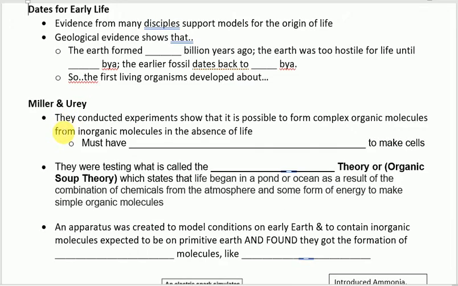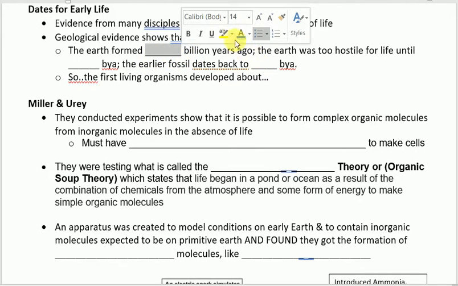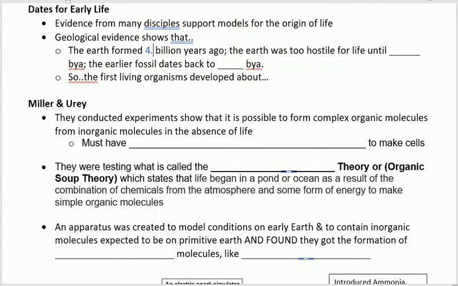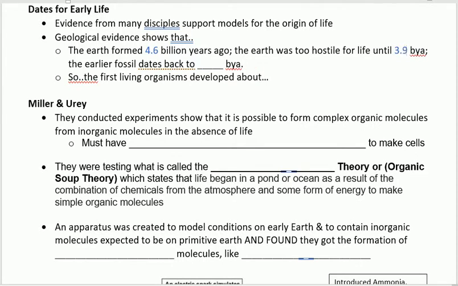So let's talk about dates for early life. So we have evidence from many different models for the origin of life. We have the geological evidence, and it shows that the Earth formed 4.6 billion years ago, but that Earth was actually too hostile for life until 3.9 billion years ago.